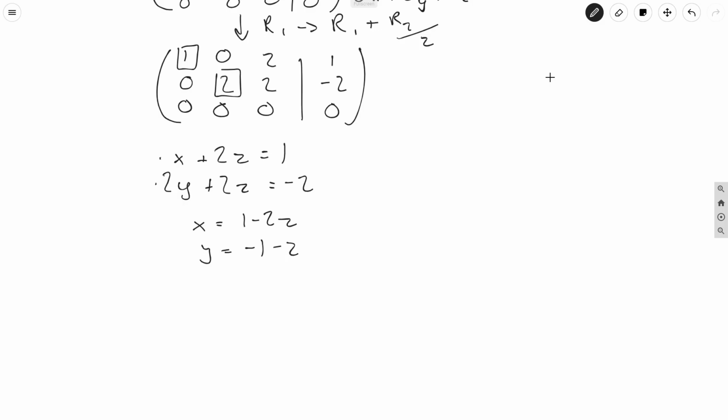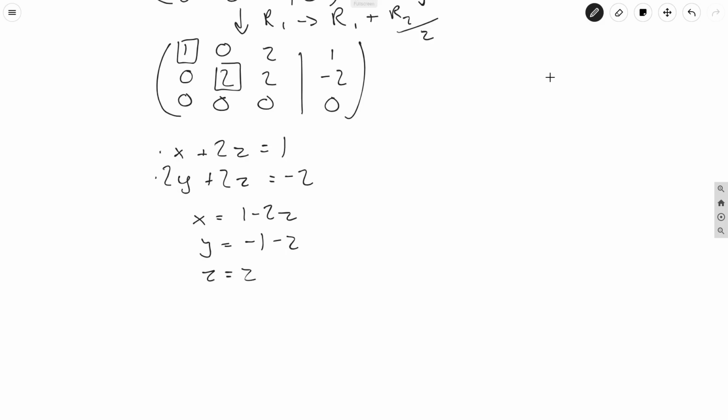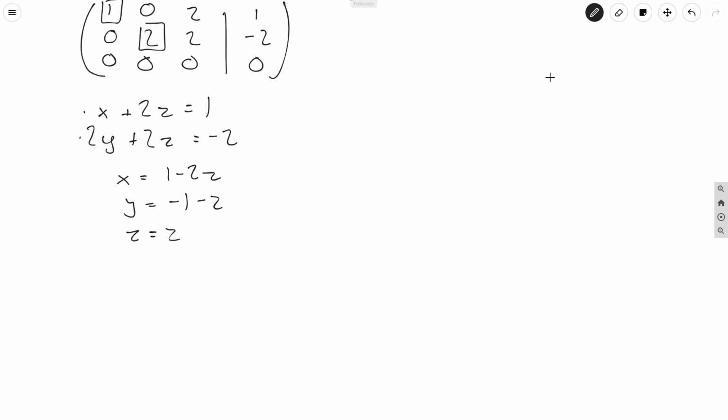And this is basically classifying all our possible solutions. So what this system is, and I guess we have a line saying down here z is equal to z. What this means is all solutions are of this form.